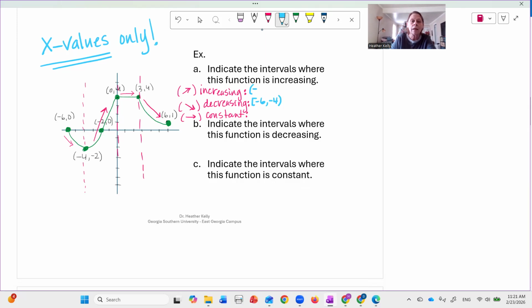So from -4 to 0, we're increasing. And then from 0 to 3, constant. And then we pick up here from 3 to 6, where we're decreasing. So we're going to union our other interval of decreasing with that. And we're going to say 3 to 6.